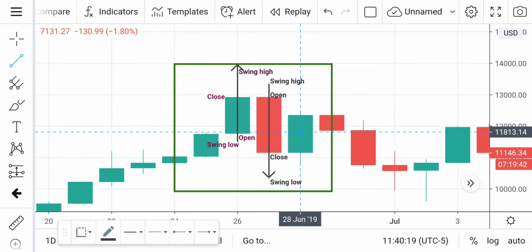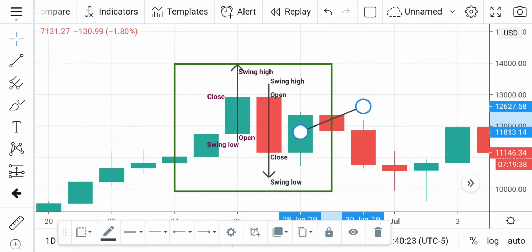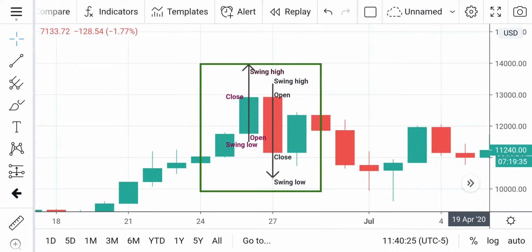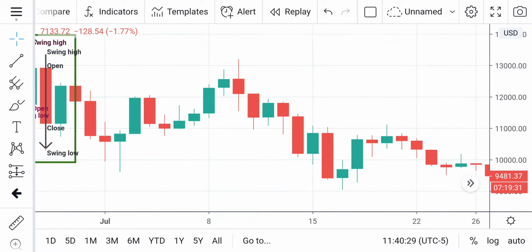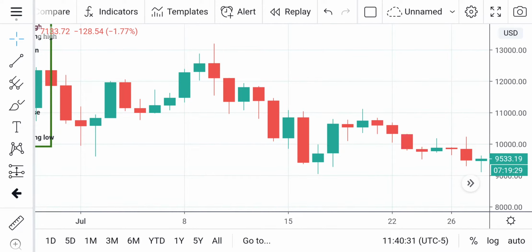So let's look into some candlestick patterns. Okay, so let's look at the bearish engulfing pattern. Over here, these two, we have the bearish engulfing pattern.